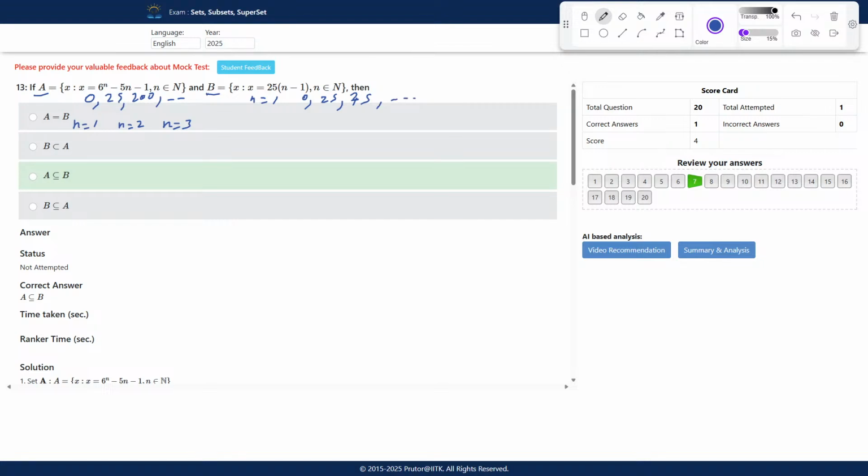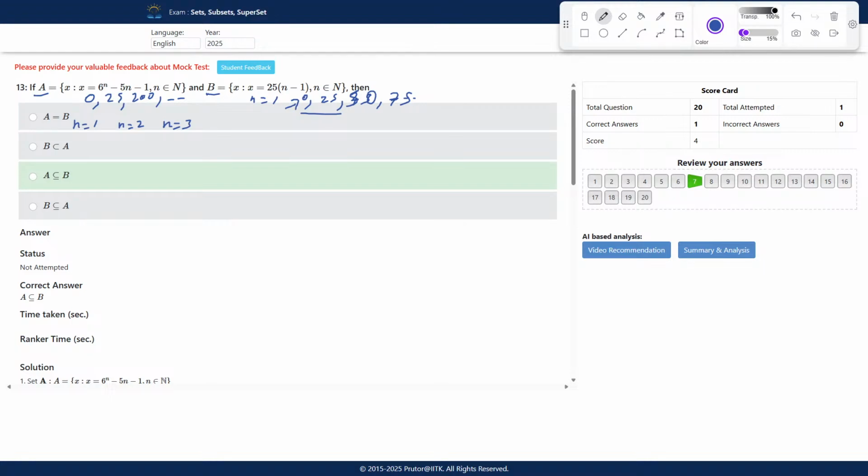So it is quite clear that what we have here are multiples of 25, including 0. So 25 times 1, 25 times 2, 25 times 3 and so on.